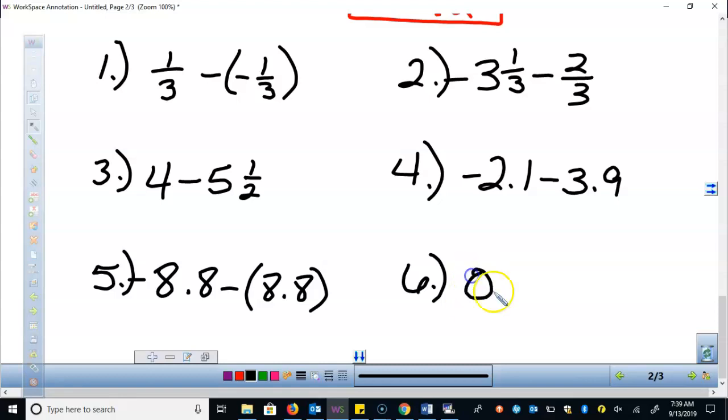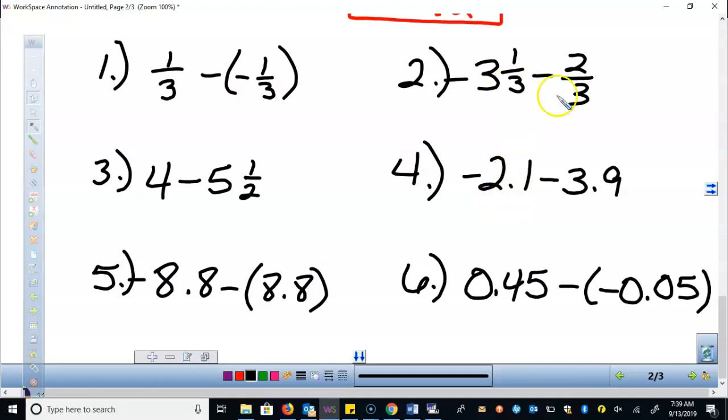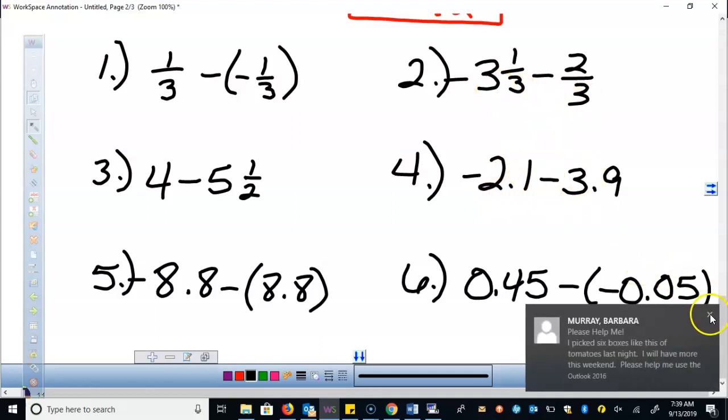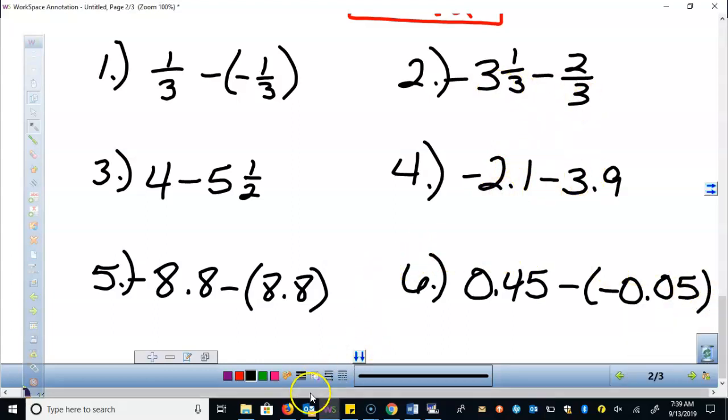Just remember, keep, change, change, same or different, add or subtract. What is the sign of the answer? Then you can deal with adding the fractions or adding the decimals. All right, pause the video and give it a try. I'll be back with the answers.